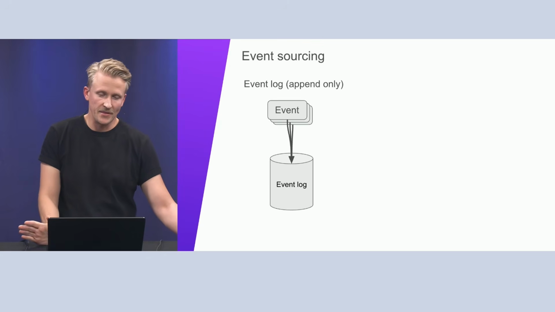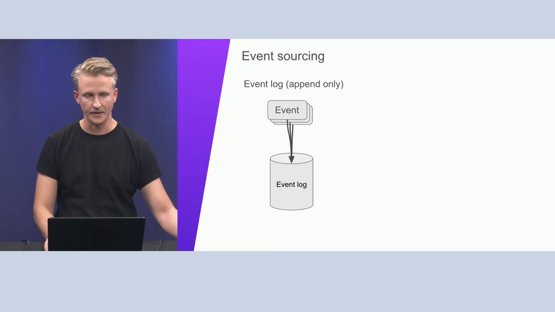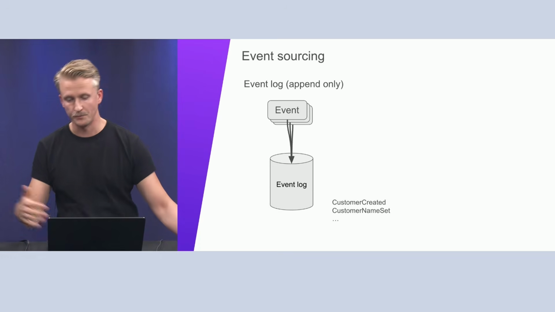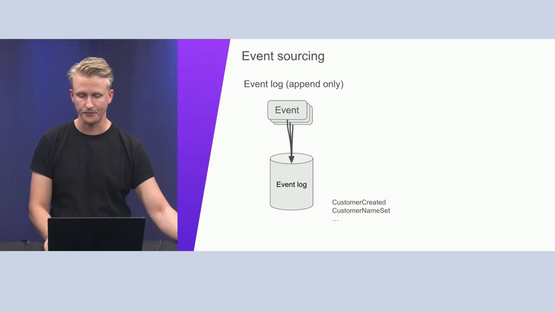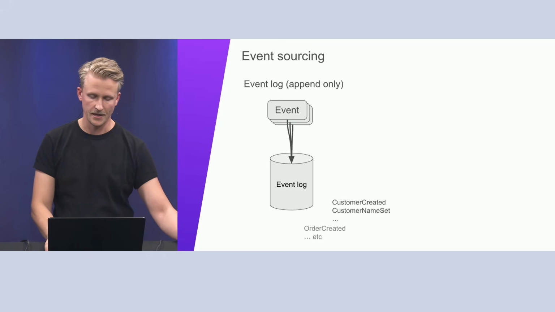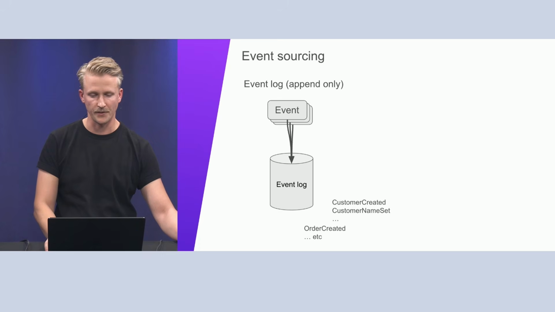But usually, that's my experience, and to my feeling many people use one event log. And they push in customer created, customer name set, events about customers. And then you have your orders, you have whatever it is, but they're usually in the same event log.